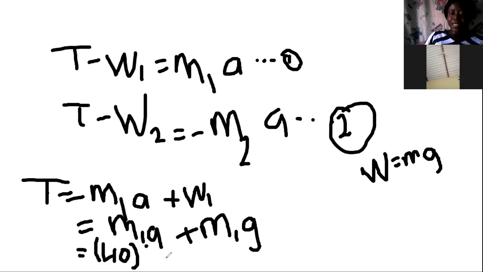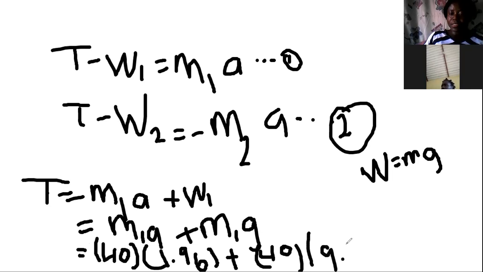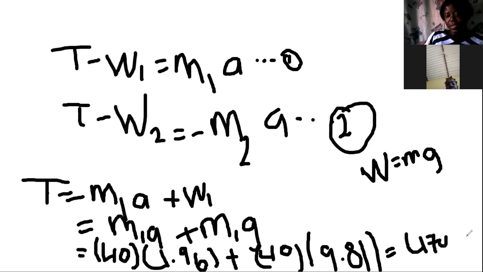Our acceleration is 1.96. And we add now m1 times the gravitational acceleration, still 40 times 9.81. You get 470.8 Newton.